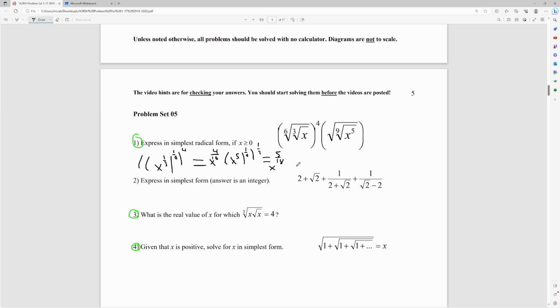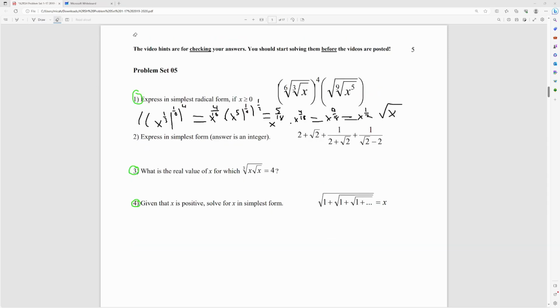So x to the 5 over 18 times x to the 4 over 18 equals x to the 9 over 18, which is just x to the 1/2, or the square root of x.